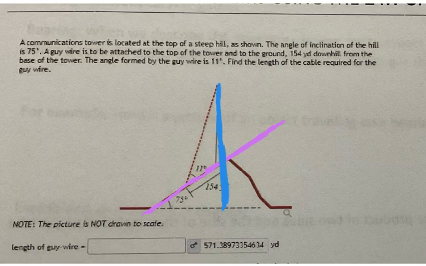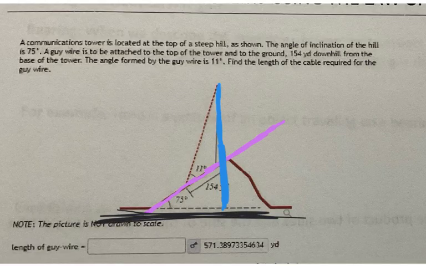So I'm just continuing lines. If I were to draw another line parallel to the ground, right? So here's the ground. I'm going to draw another one parallel to the ground right through that axis.